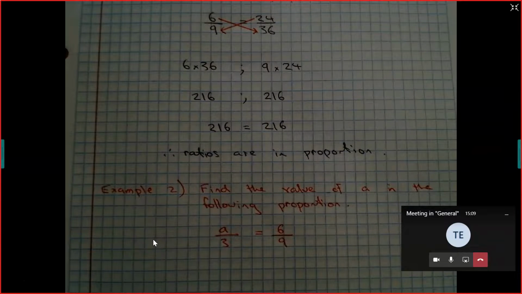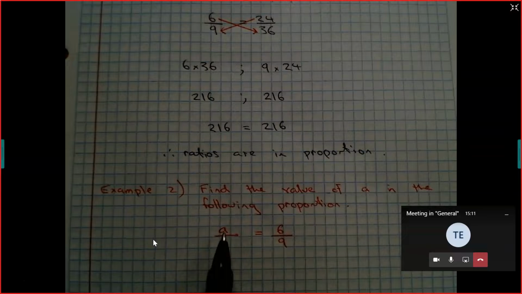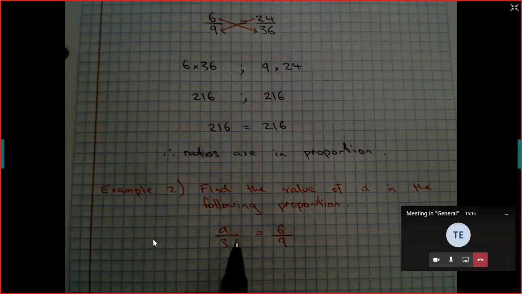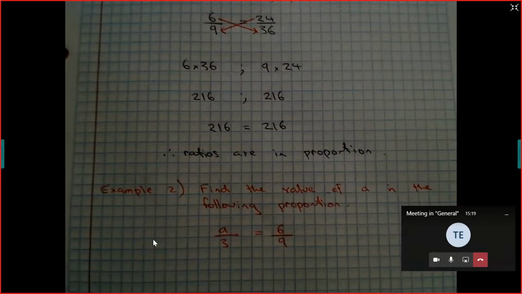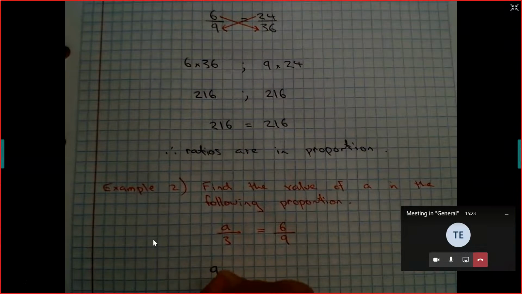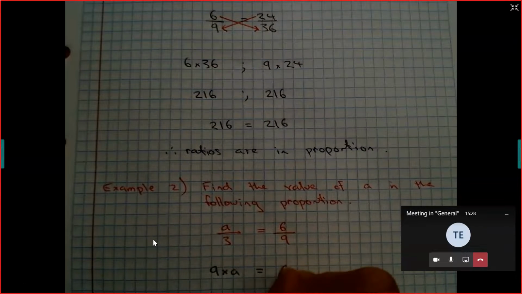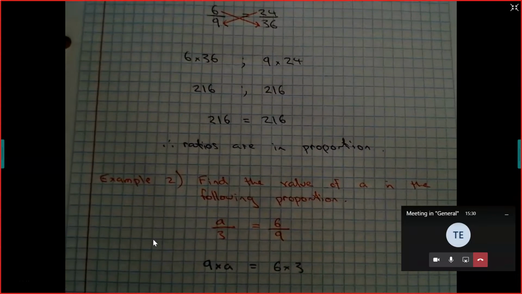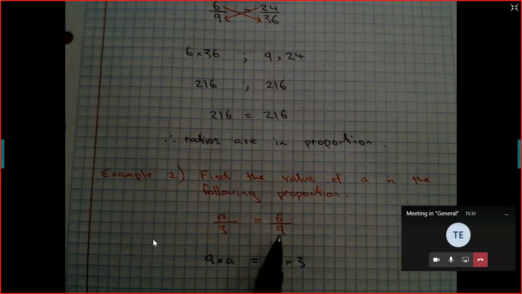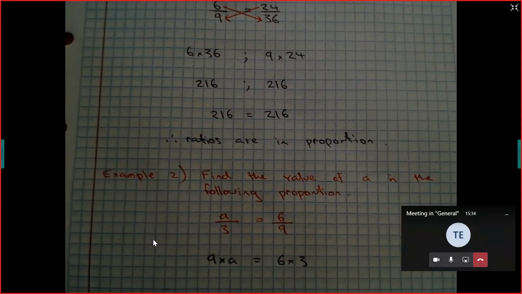When I'm doing a cross multiplication, remember this numerator gets multiplied by this denominator, and this numerator gets multiplied by this denominator. So 9 is multiplied by A, so 9 times A is equal to 6 times 3. That's the process of cross multiplication.